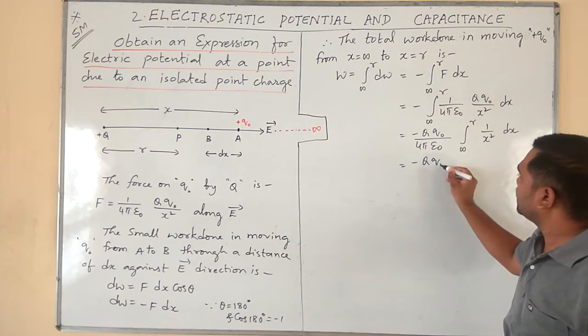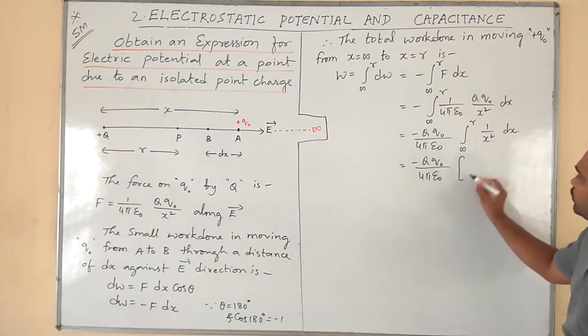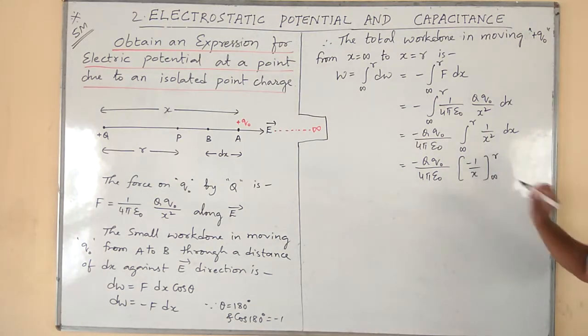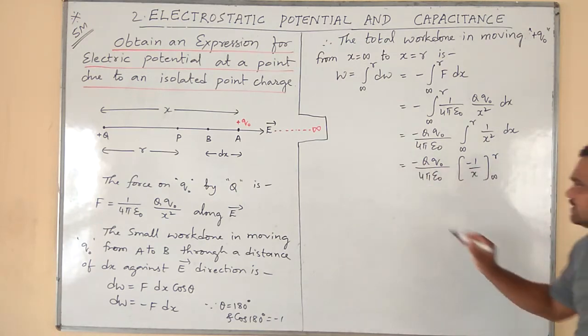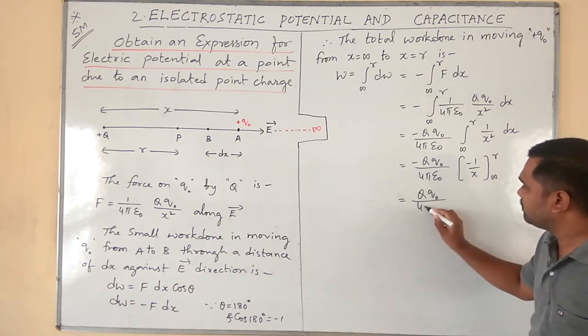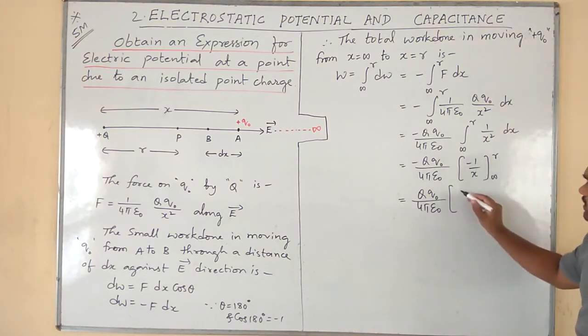Minus Q naught divided by 4 pi epsilon naught. It gives you minus 1 over x within the limits r and infinity. Next, minus into minus plus. Therefore, it becomes Q naught divided by 4 pi epsilon naught, 1 over x.